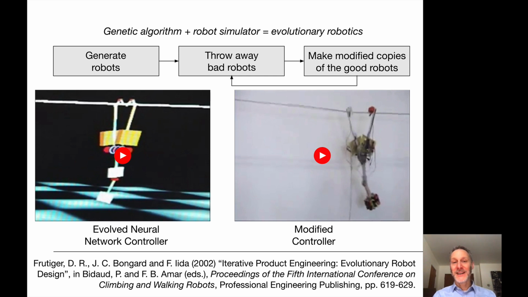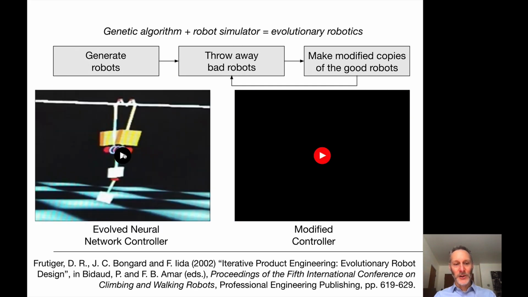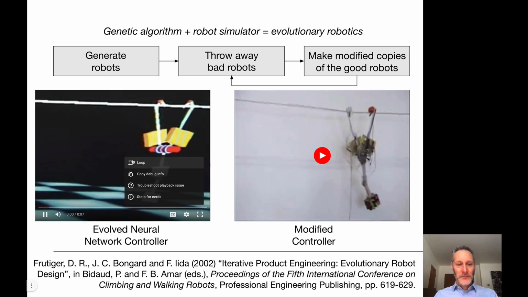And theoretically, we could use an evolutionary algorithm or a genetic algorithm to search over the space of all possible robots, looking for the robot that does the best job of cleaning your floors. So now we're not looking at birds or vectors. We're looking at robots.